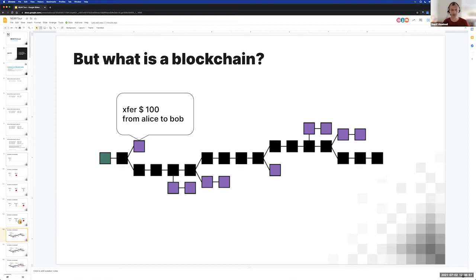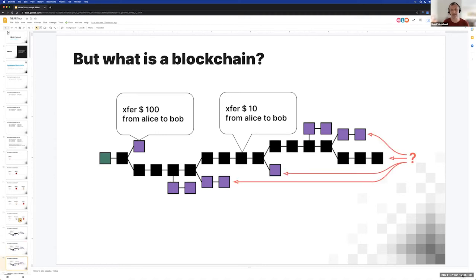Okay, and so here is a picture. I don't know if it's a blockchain or just a graph or whatever. It doesn't really matter, but let's say that this is a blockchain, and at some point, maybe the third step, whatever that means, Alice transfers $100 to Bob, and then a little bit later, Alice transfers 10 to Bob. And so we might ask, what's the reality in this? Because we have multiple copies of the same thing happening around the world.